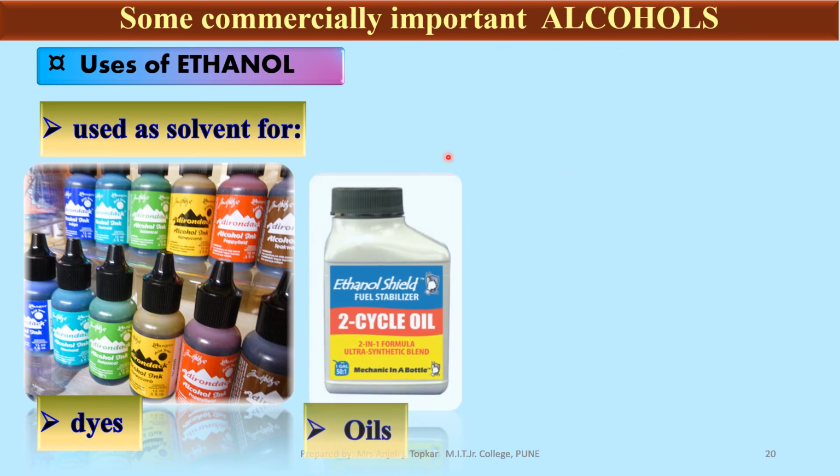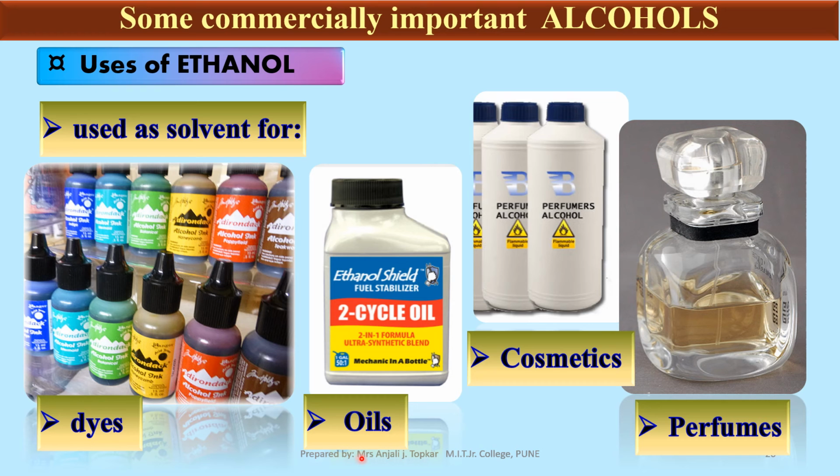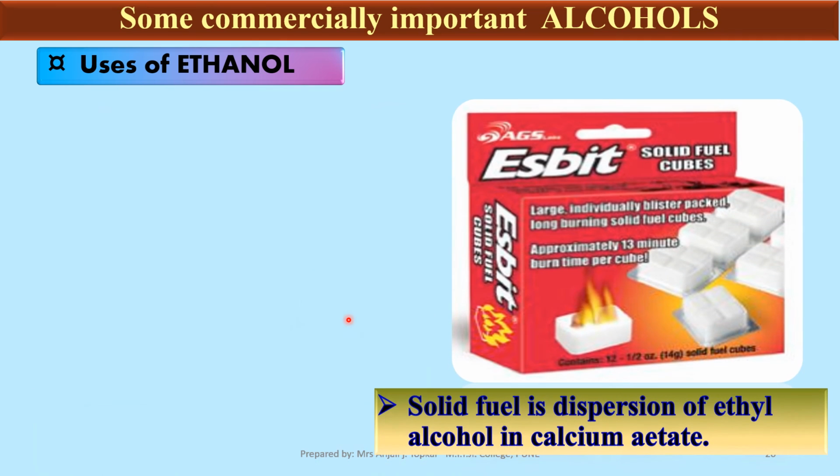Ethanol is used for dyes, oils, cosmetics, and perfumes also. Mixture of 10 to 20% ethyl alcohol with petrol is used as motor fuel. Solid fuel is dispersion of ethyl alcohol in calcium acetate.